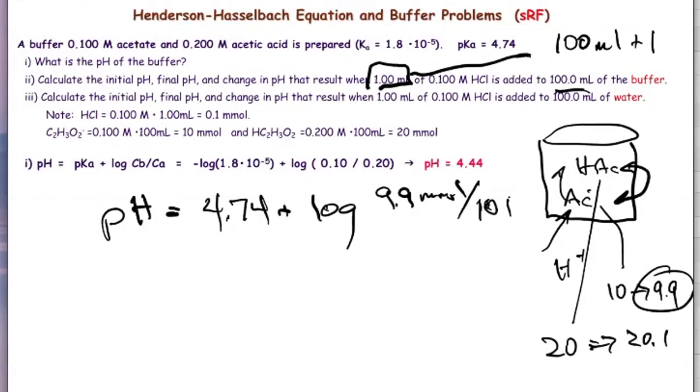And you see how this is milliliters? Millimoles and milliliters makes it moles per liter. That's why I like to use millimoles, because when you have millimoles and you divide by milliliters, it's like taking moles divided by liters. And the top here is the conjugate base. Remember, the top is the conjugate base, and the bottom is the conjugate acid. That's 20.1 millimoles over 101.